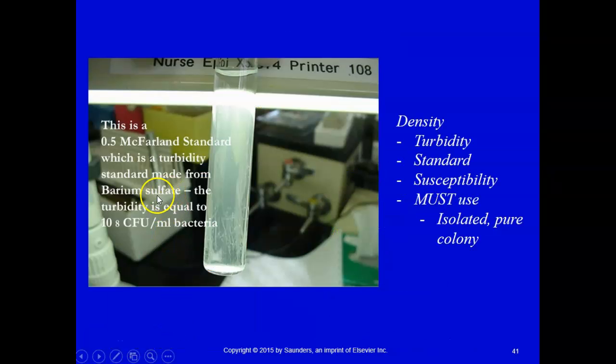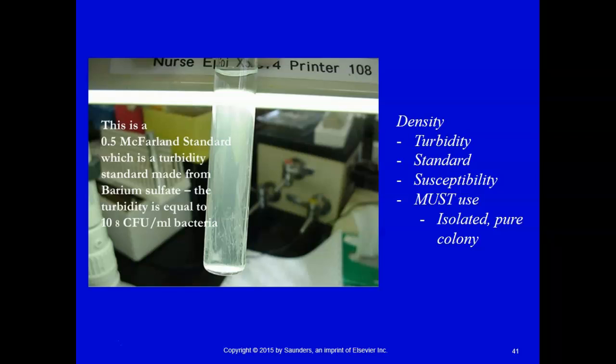The other way to measure cultures or bacteria in the lab is through density measurements. It's a measure of the cloudiness or turbidity of a bacterial broth culture. This method is used to prepare a standard inoculum for antibiotic susceptibility testing. We make inoculums by removing that isolated pure colony from media and dispersing it in a liquid.